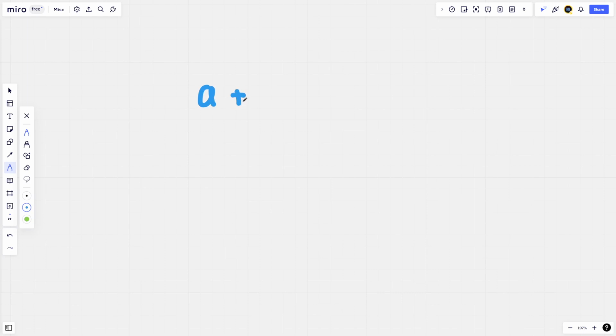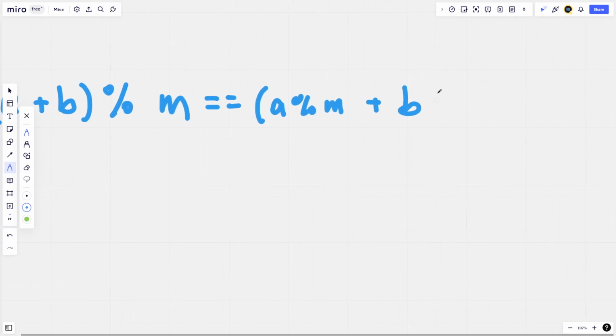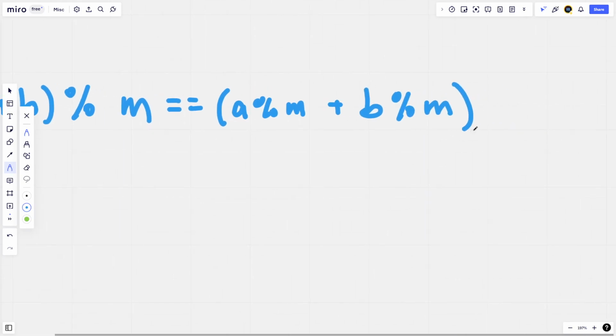A plus B all modulo M is equal to A mod M plus B mod M all modulo M. And by the way, the modulo operator has the same precedence as multiplication and division for most languages. So when paired with multiplication or division, it goes left to right, and it happens before addition, but after stuff like exponentiation.